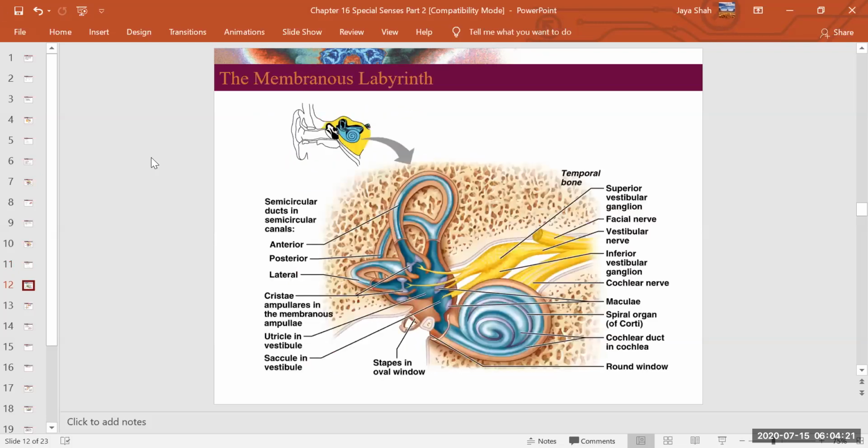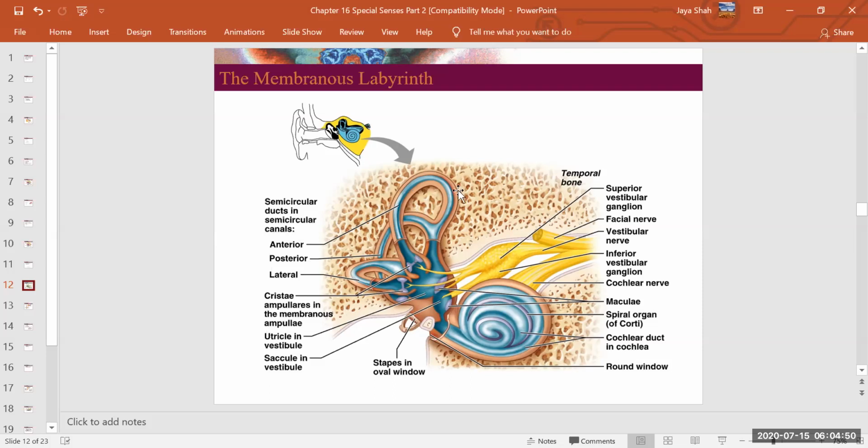So here you go. Here we have the membranous labyrinth, and the bony labyrinth we have removed. This is the inner ear, and the bony layer has been removed.